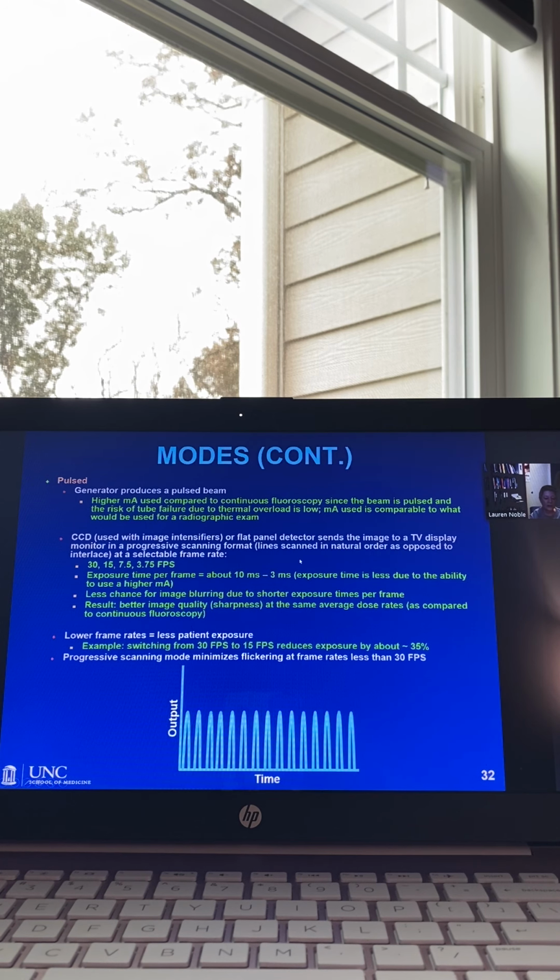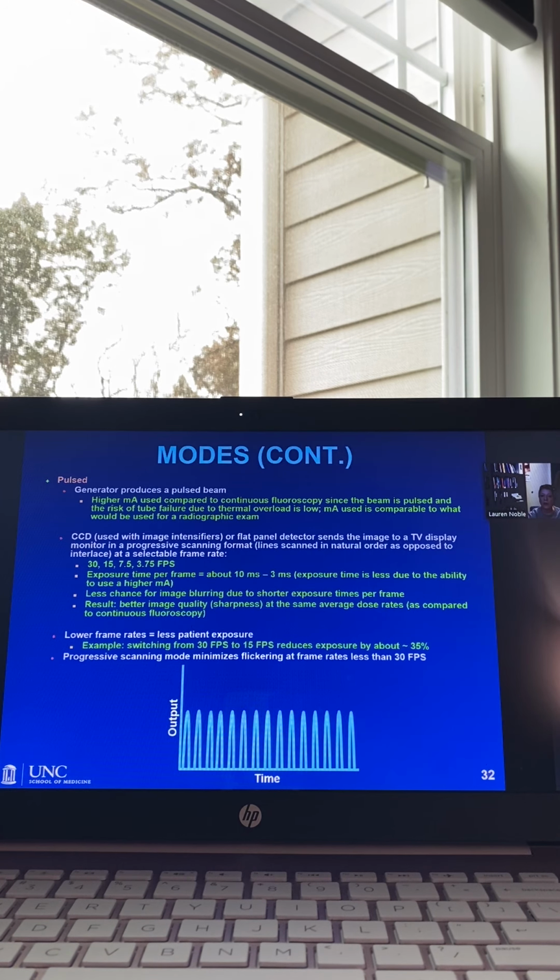What that means is it is left to right, top to bottom, but it doesn't skip a line. And so this happens very rapidly because the TV monitor is not having to go back up and scan in the gaps of the image in between. So this happens very quickly.